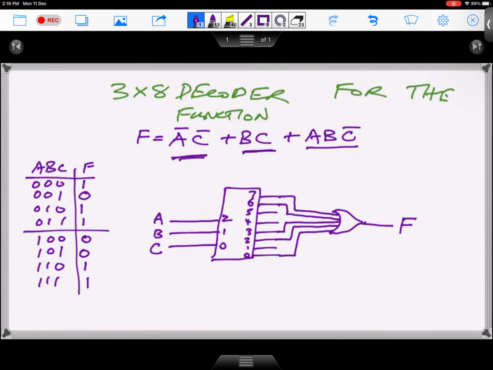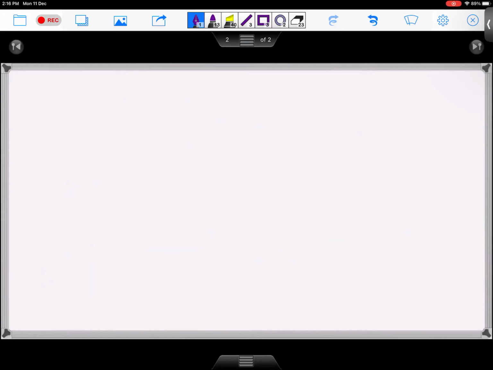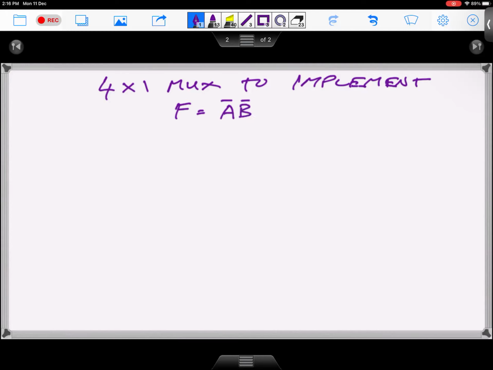Okay, let's go on to question 2. We're now supposed to use a multiplexer to implement that is the function there.